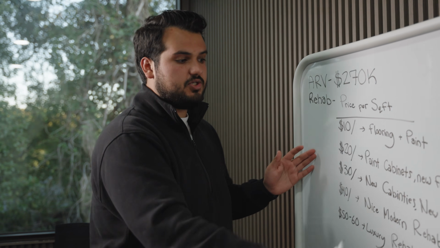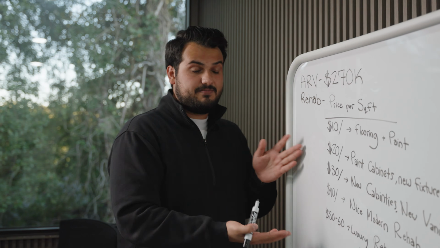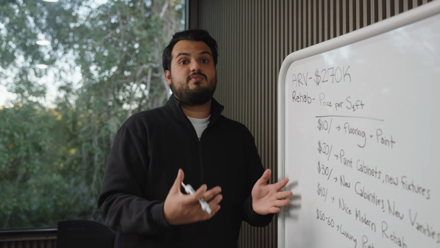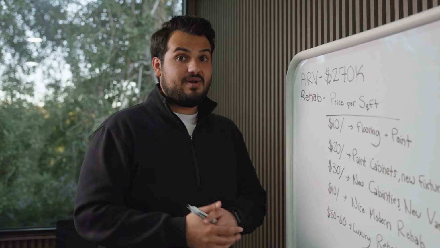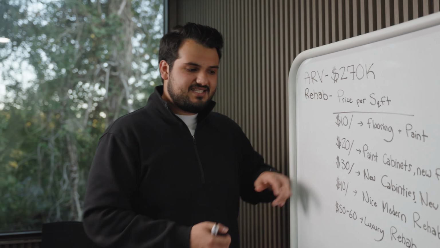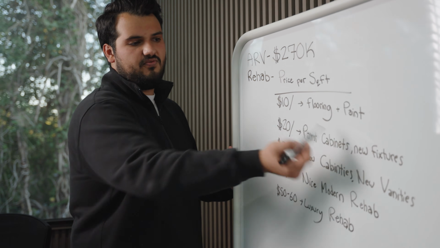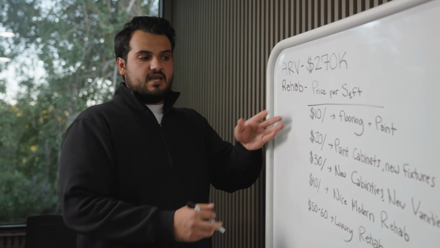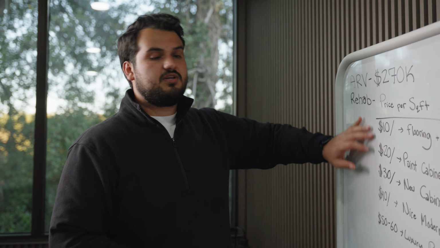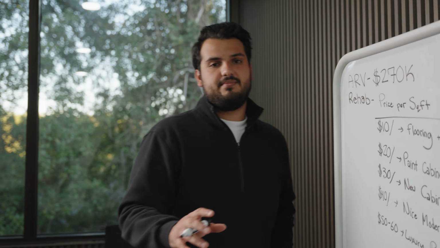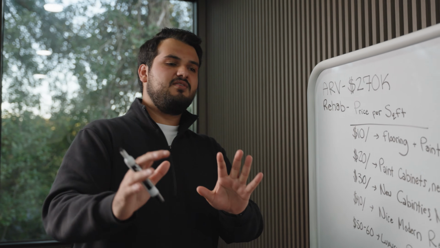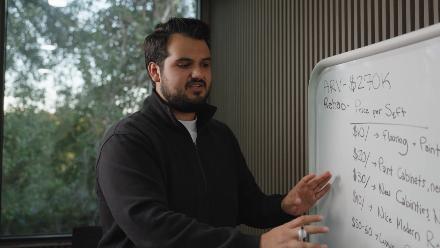So that's how we're determining how much we wanna spend on these rehabs and the type of condition we want. In the same note, what I don't wanna do is make an ultra luxury rehab in a neighborhood that's all flooring and paint rehabs. So this is a framework as to what it should cost per square foot based on the type of rehab you need.